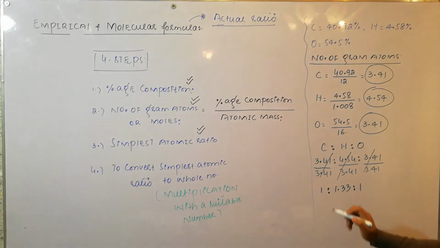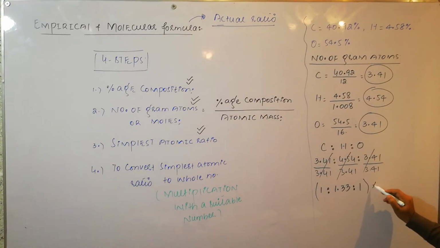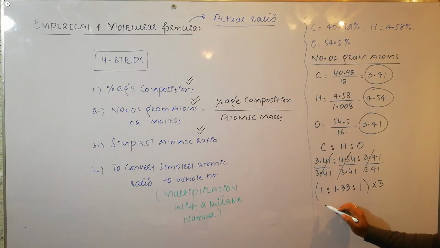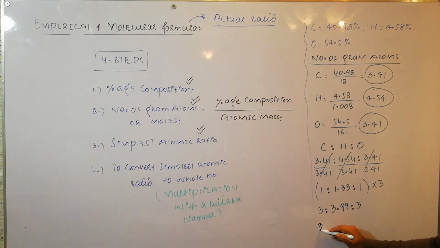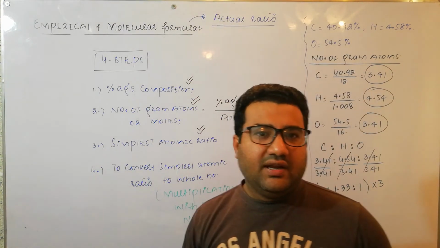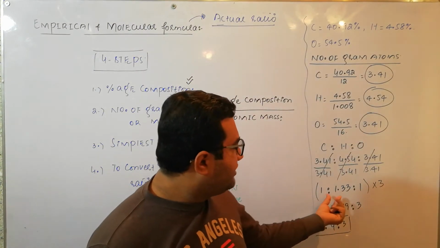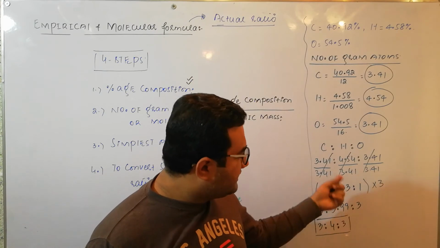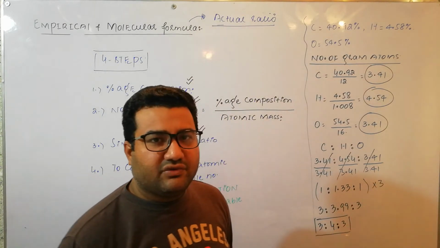Which one is the suitable number? That is 3. When we will multiply it with 3, we will get 3:3.99:3. And you know 3.99 can be written as 4, so 3:4:3. This one is the final simplest whole number ratio. It was the simplest ratio, but it was not in whole number. So the simplest whole number ratio is 3:4:3.